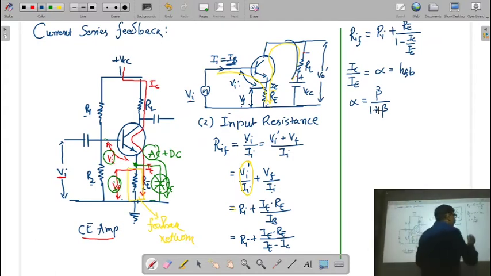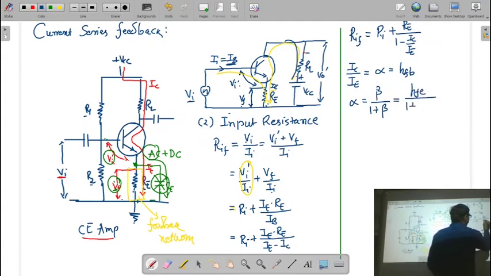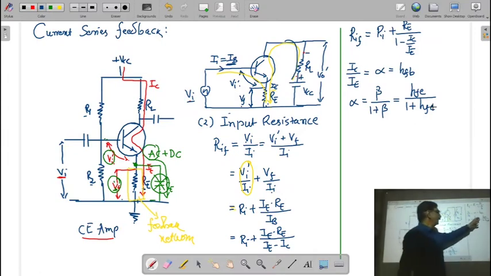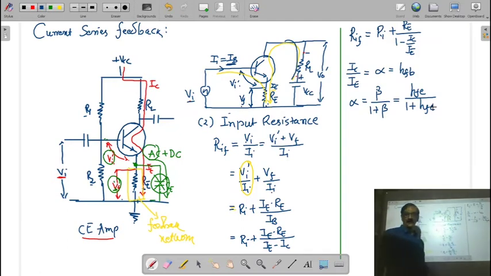Beta is the current gain in case of the common emitter amplifier, and we always write it as HFE. So 1 plus HFE. Again, here beta is the current gain of the common emitter amplifier, so it is HFE upon 1 plus HFE.